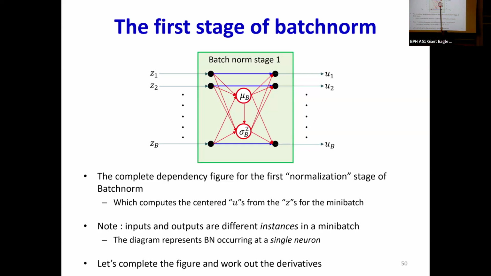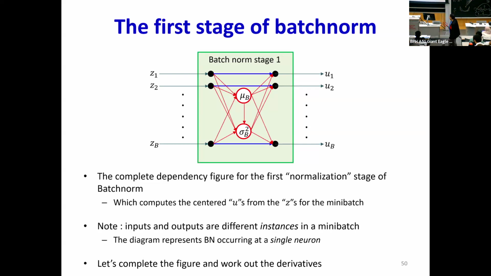And then when you find the normalized value U, you're subtracting the mean and dividing by the standard deviation. So this means that in order to compute any U, you're using the corresponding Z, but you're also using the mean and the variance. So this is the complete set of dependencies, the influences for this particular computation, right?